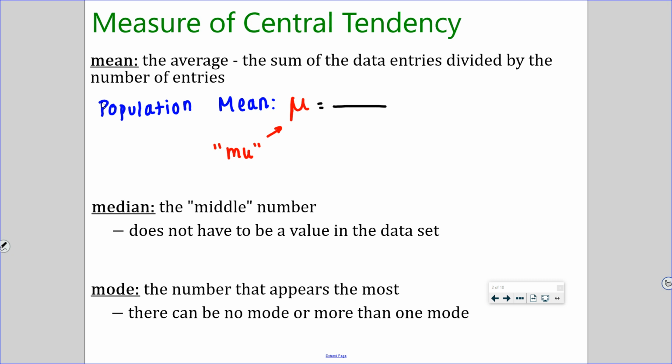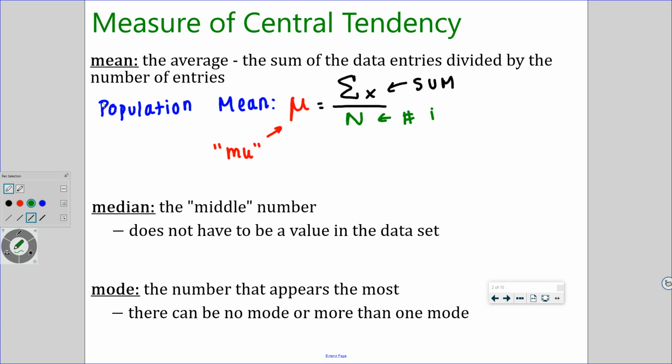To calculate it, we take the sum of the data entries. Remember this sigma notation? If you see that, it just means sum. Divide it by a capital N, which represents the number of people in the population.